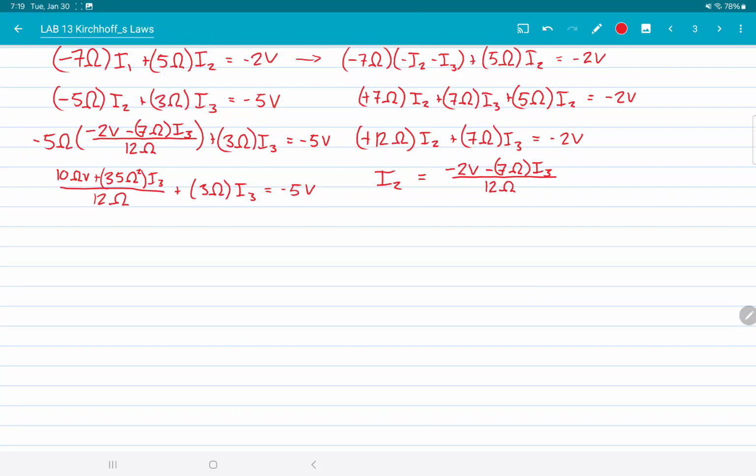Okay. Simplify it down a little bit more. I have 10/12 volts.